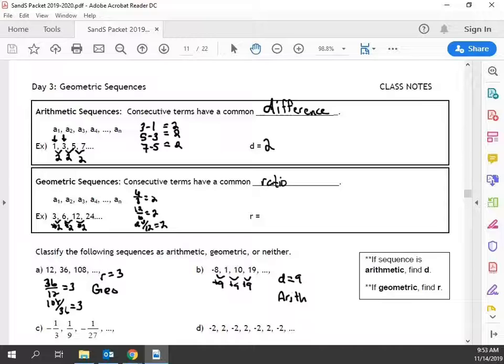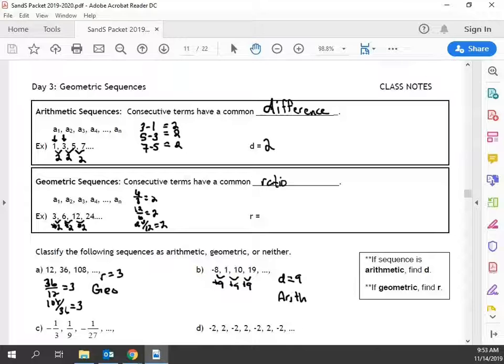Look at C. Negative 1/3, positive 1/9, negative 1/27. Let's separate it. What's the numerator doing? Still the same, so it's being multiplied times 1, or nothing's being done to it at all. Let's look at the denominator. It's multiplying times 3 every time, isn't it? But then also, what's happening to the signs?